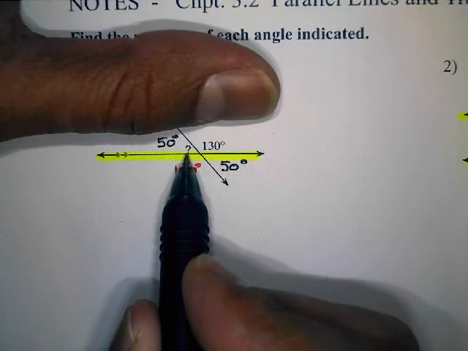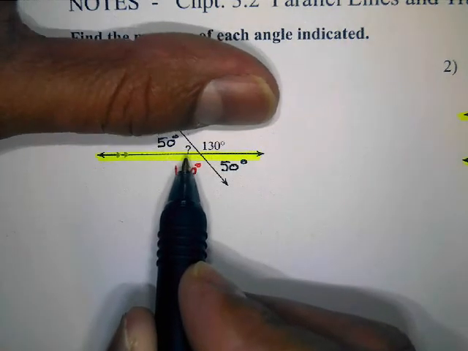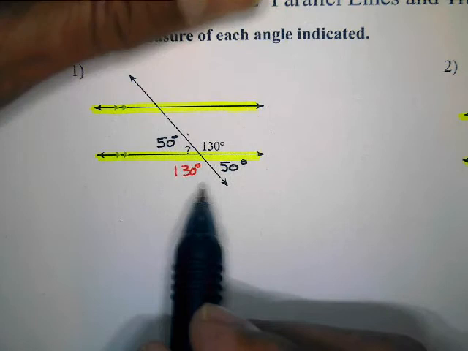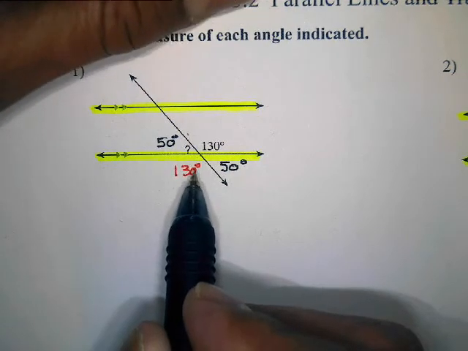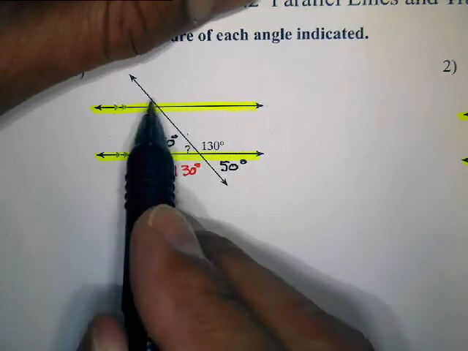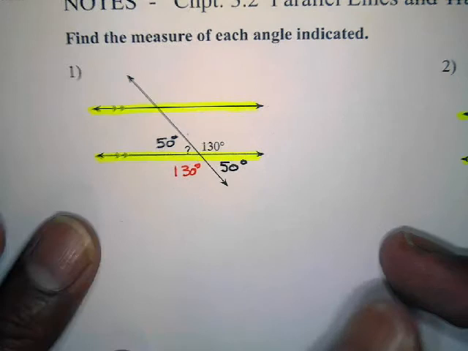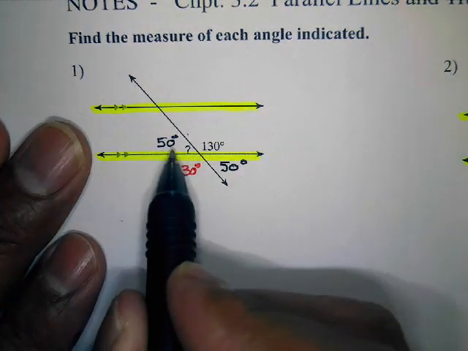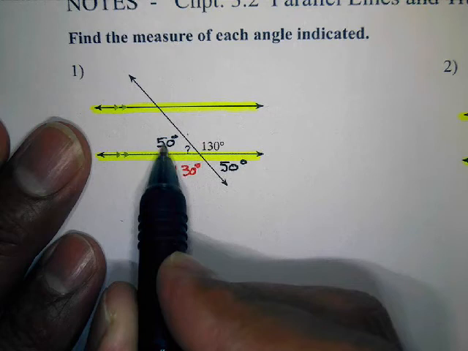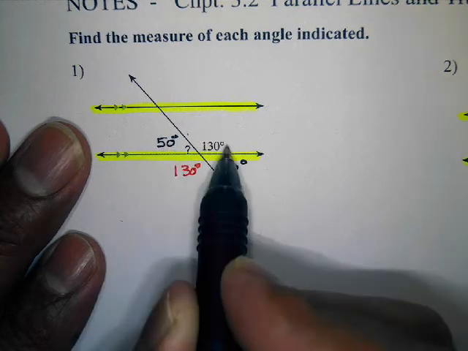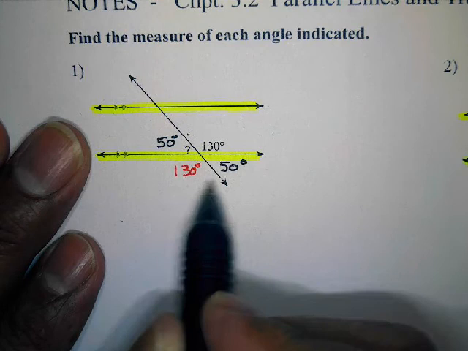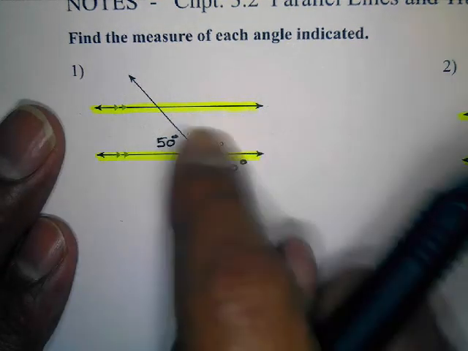Now, even though here's the little question mark and here's where they're asking me to find the angle measure, that's not always going to be this easy. So the question mark usually is going to be on this other part where this other line is over here. So all you got to do is exactly the way you see this 50 on the top left, 130 on the top right, 130 on the bottom left.